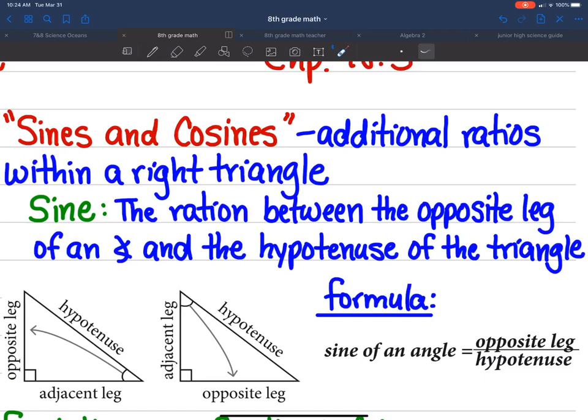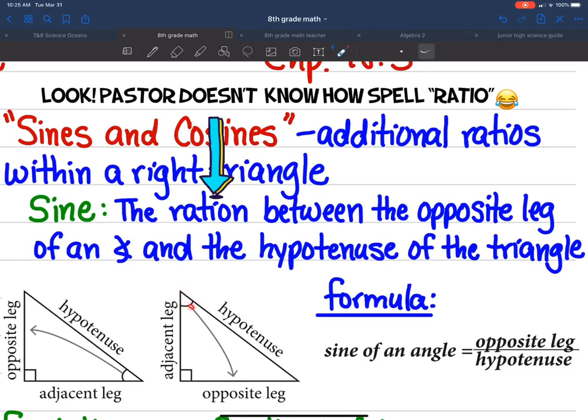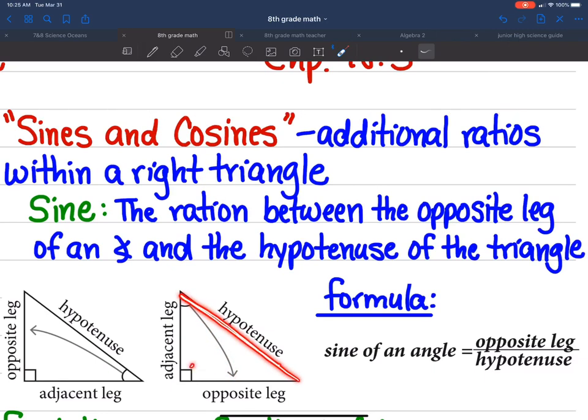For this angle up here, the opposite leg and the hypotenuse. The hypotenuse is the side opposite the right angle, so that's easy to find. The formula for sine, the sine of an angle, is the opposite leg divided by the hypotenuse.